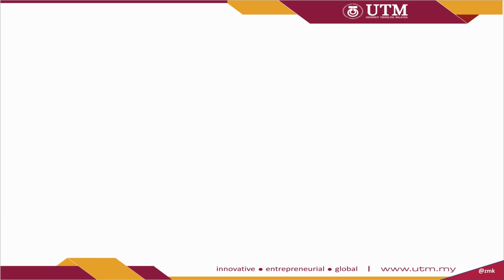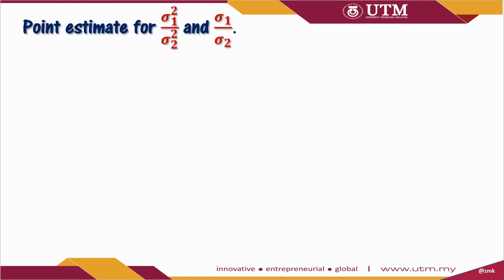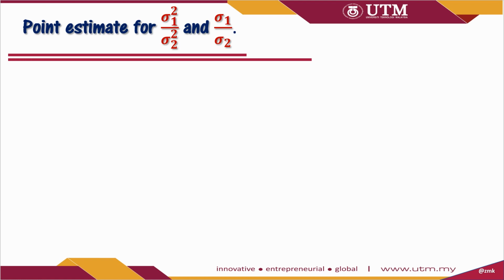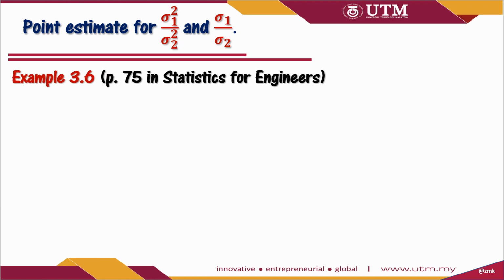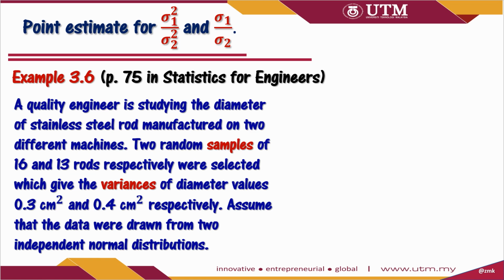We will look at an example on the point estimates for the ratio of population variances and for the ratio of population standard deviations. Please refer to example 3.6 in the Statistics for Engineers textbook, page 75. A quality engineer is studying the diameter of stainless steel rod manufactured on two different machines.